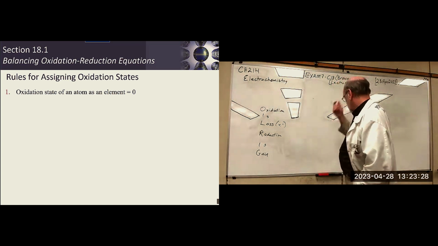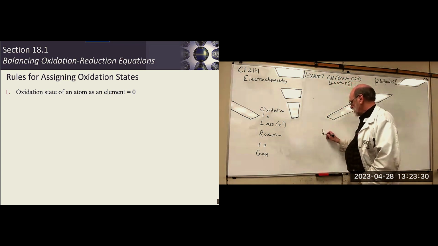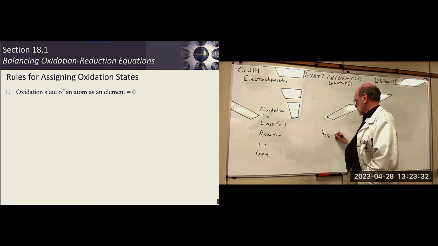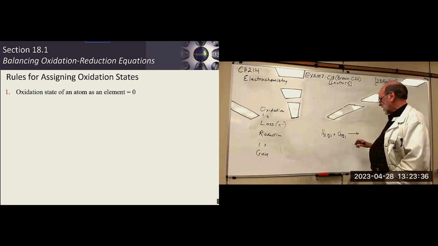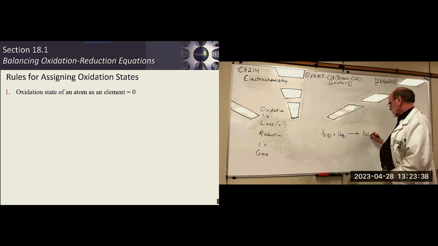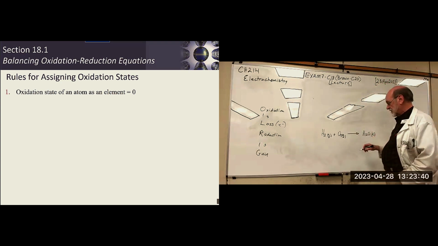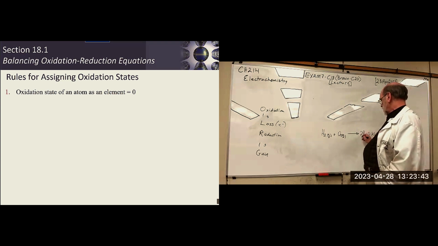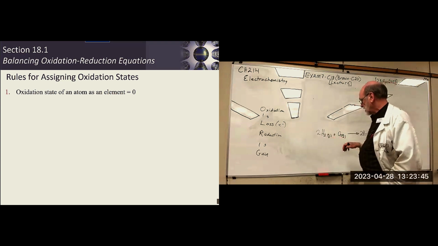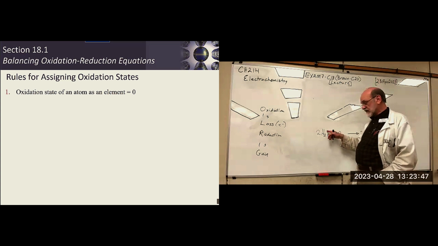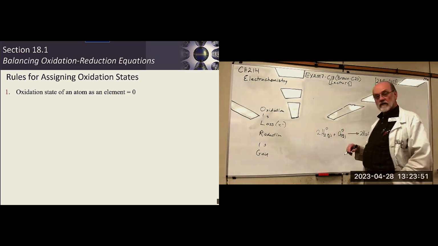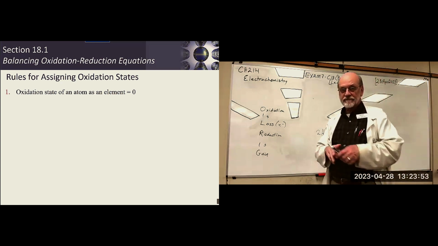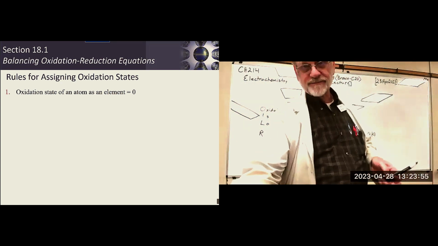For instance, if we have hydrogen gas and oxygen gas, they come together and they make water. So we need 2 here and 2 here. The oxidation state assigned to this element is 0, and to this element is 0. That's the easiest rule.